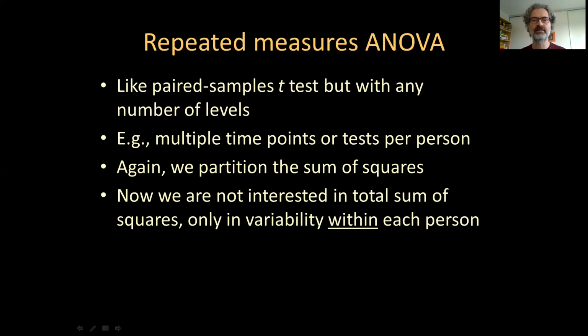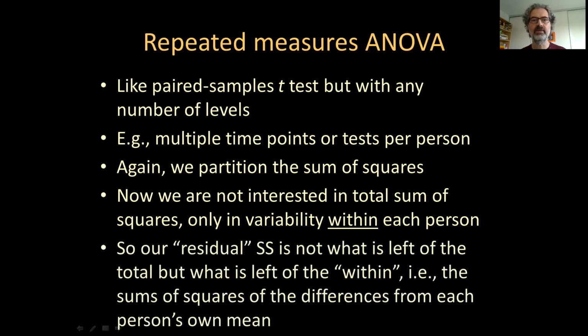So the relevant sum of squares that we want to partition and to consider ratios of sum of squares within it is not the total sum of squares, but only the part of the total sum of squares that concerns differences within the participants.